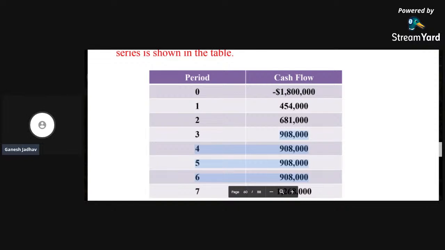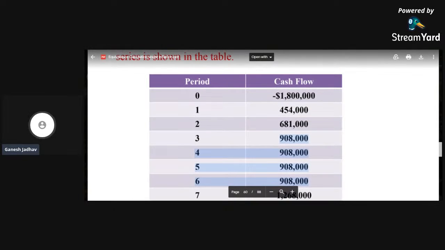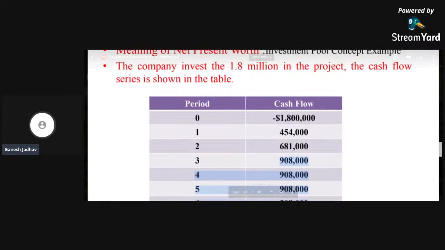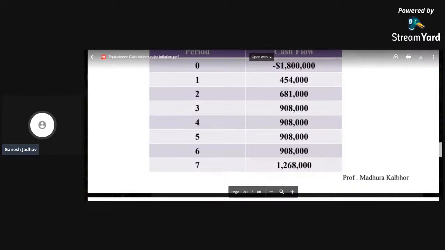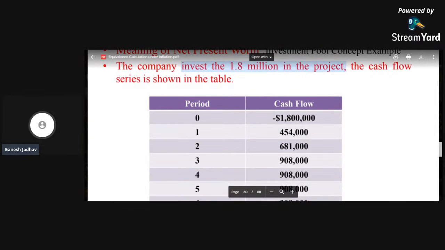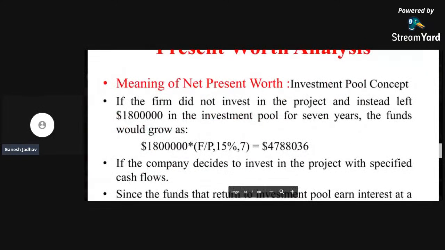At the 7th year you can earn 12,68,000 rupees. So this is the cash flow as per the investment. This is the period and this is the cash flow, okay.